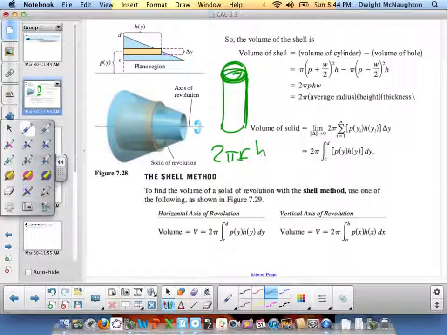Then times the height, or how long that is. So that ends up being 2 pi r h. And the width of each of these would be your change in x, or change in y, in the long run, delta y or delta x. All right, so let's look at a couple examples of the shell method.